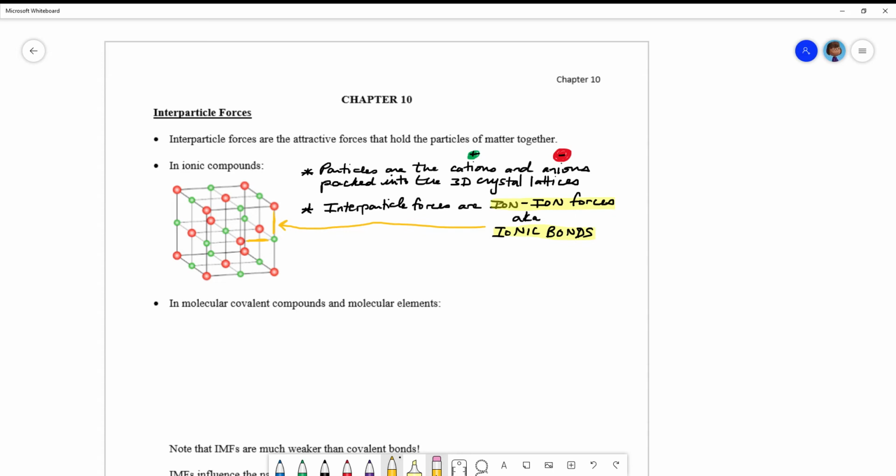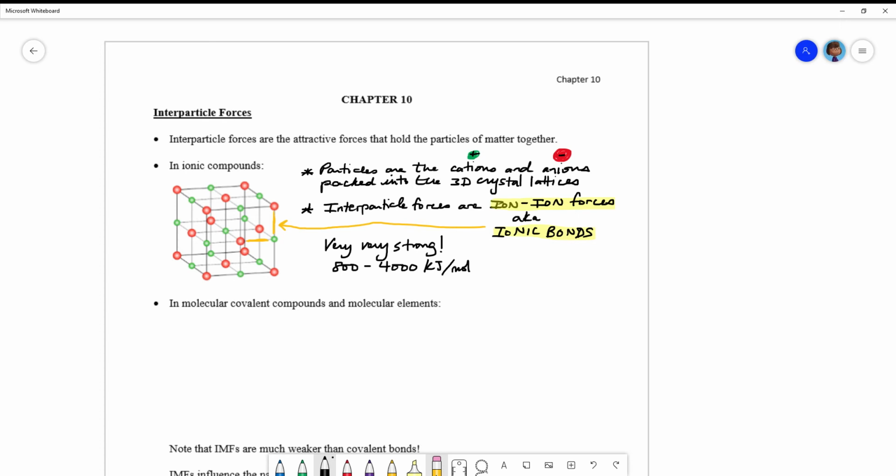Okay. Now, what do we know about ionic bonds? Well, we learned a lot about ionic bonds back in Chapter 8. That was the beginning of Chapter 8. For example, we know that these ionic bonds are incredibly strong, very, very strong. How strong? If we're measuring in kilojoules per mole, they tend to range in strength from about 800 to 4,000 kilojoules per mole.